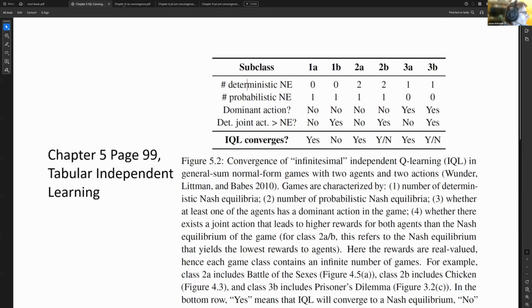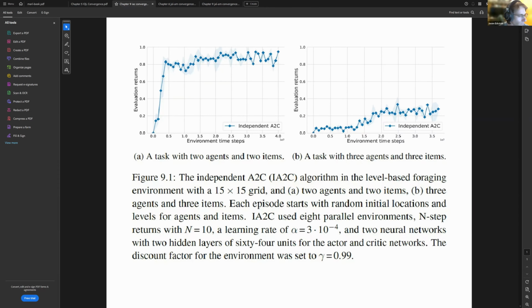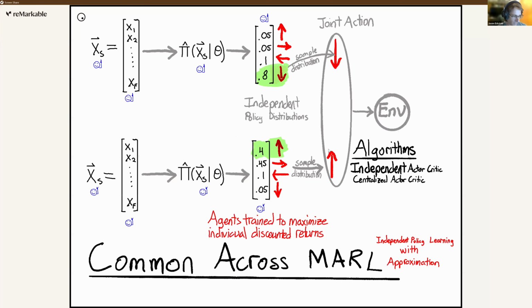Okay. So this is very similar to independent value learning, right? The only difference is that we learn policy functions and then we sample from the distribution. So these are the algorithms we covered in the earlier sections of chapter 9.